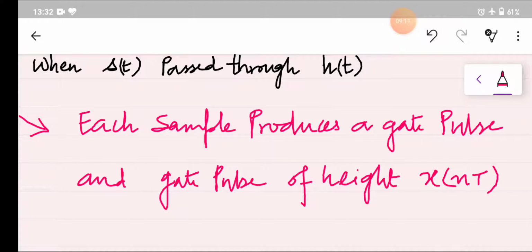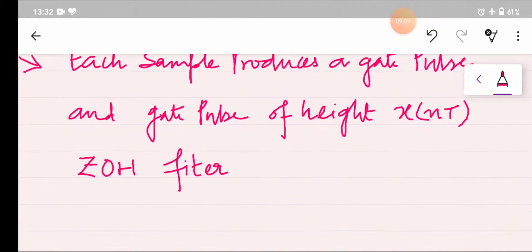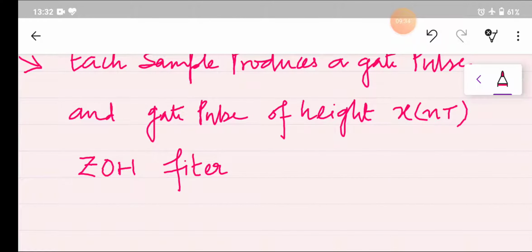This interpolator is a ZOH filter. In the previous video lecture we have seen the transfer function for the zero order hold filter, and this is a poor form of an ideal low pass filter.